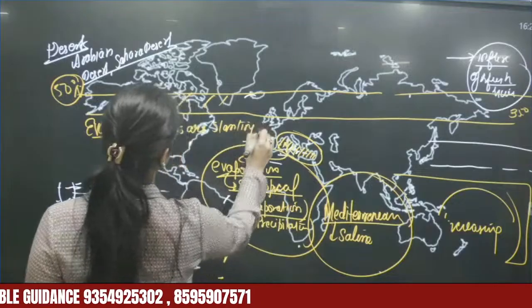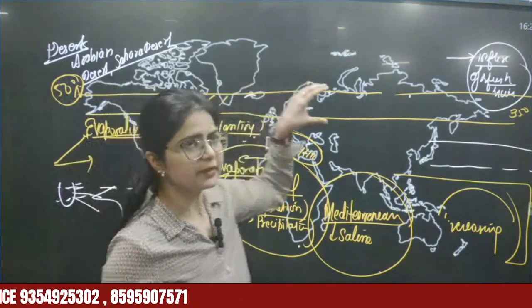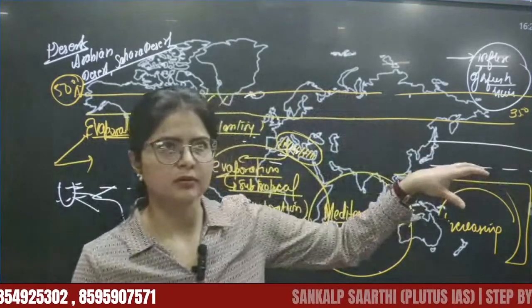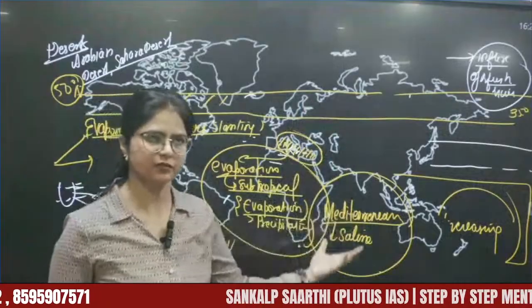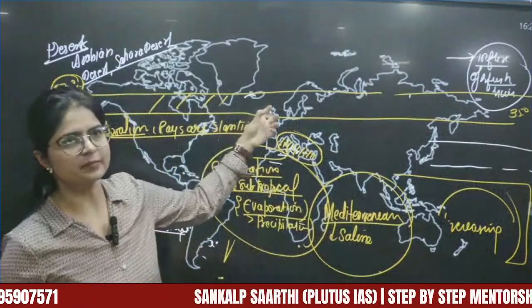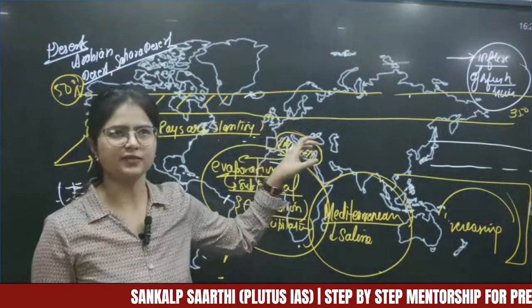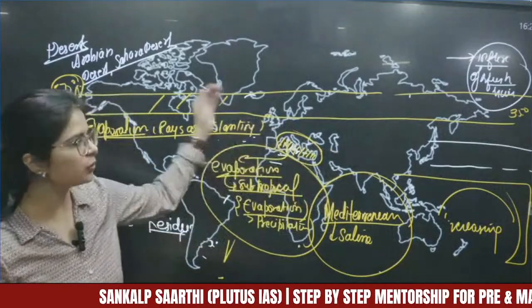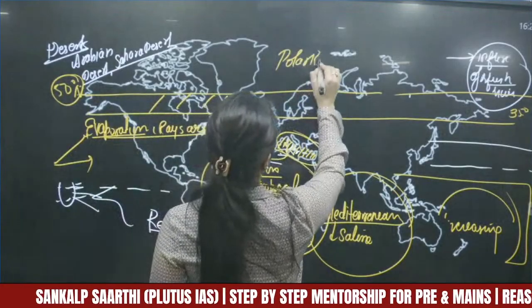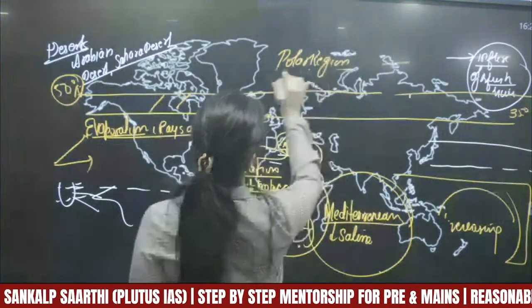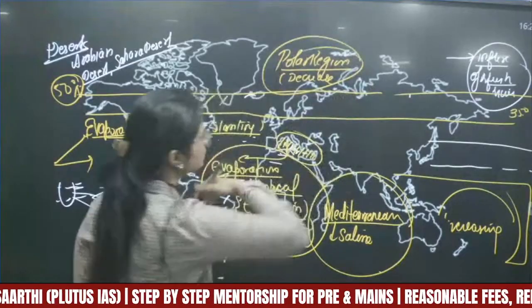And since rays are slanting, the evaporation will be less and precipitation will be more. As compared to evaporation, precipitation will be more. Therefore, since precipitation is dominating over here, there would be less salinity. And as you go further into the polar regions, the salinity will decrease further.